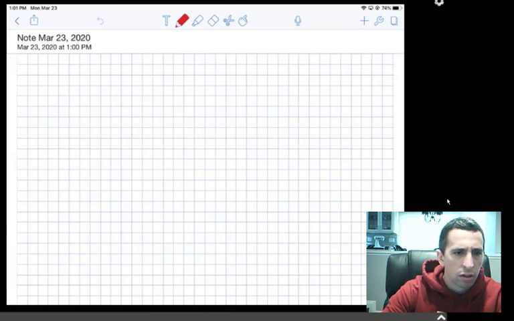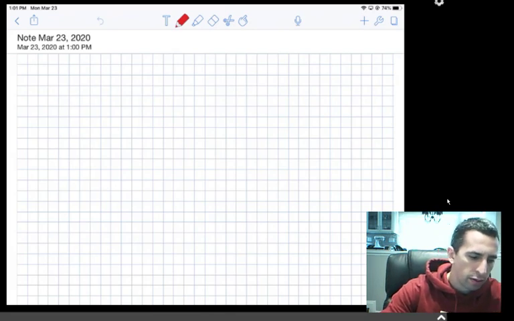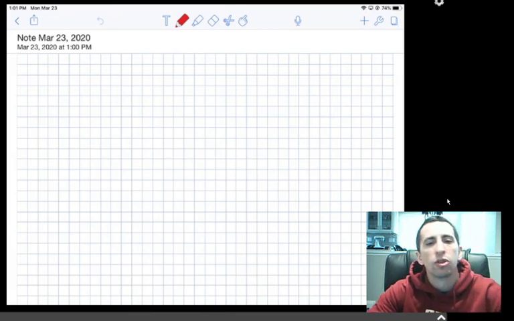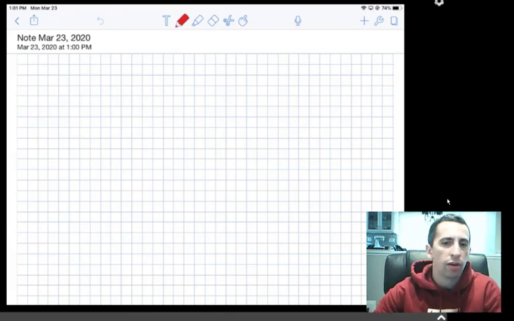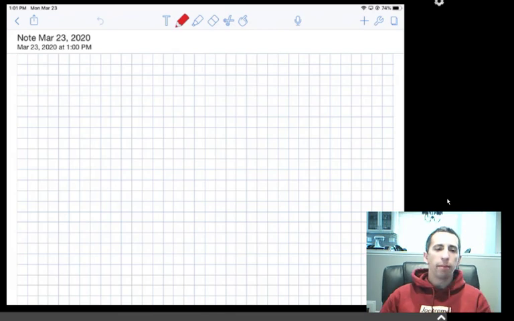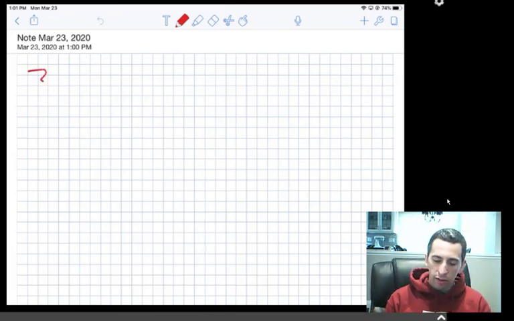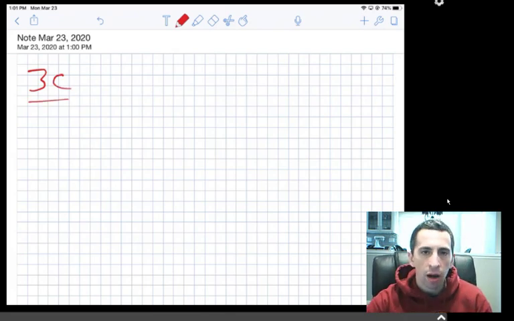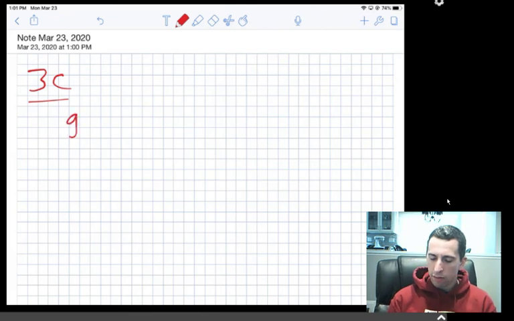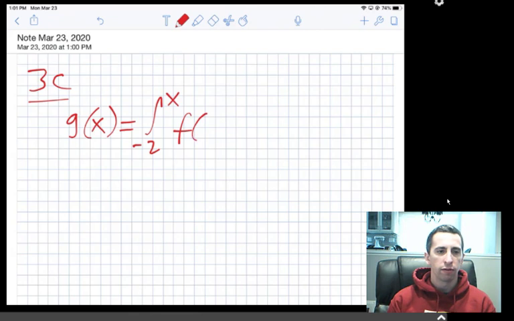Okay, so 2005, you have this 3C. So you're trying to find the absolute max. So you have this weirdo graph. Yeah, but they don't give you an initial condition. You're correct. But what they do give you is this. They tell you that g of x is the integral from -2 to x of f of t, right?